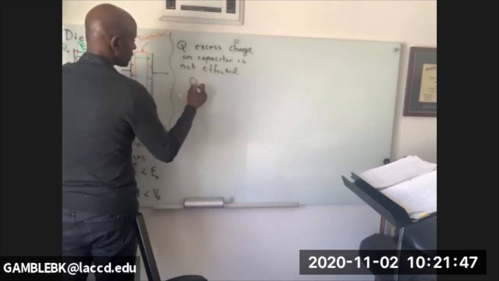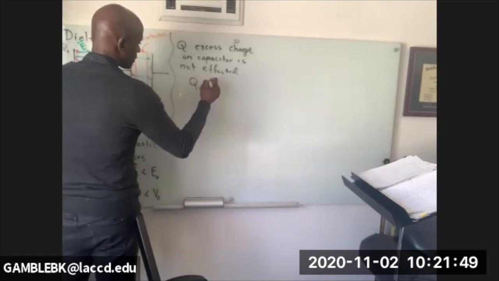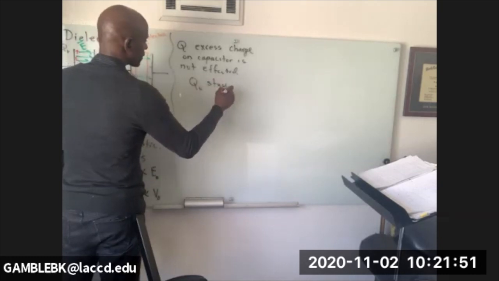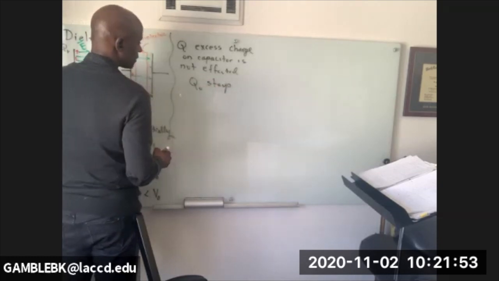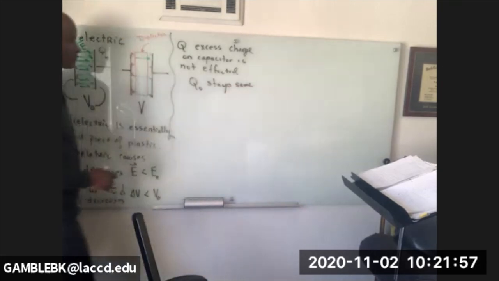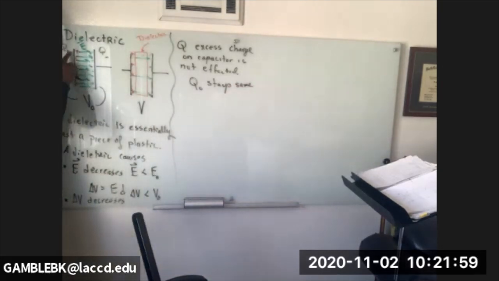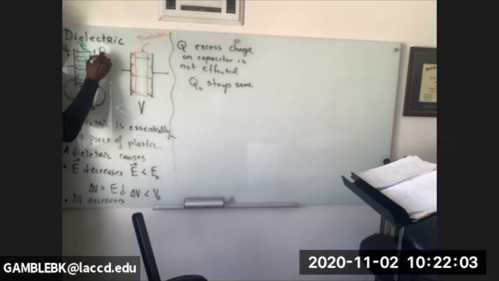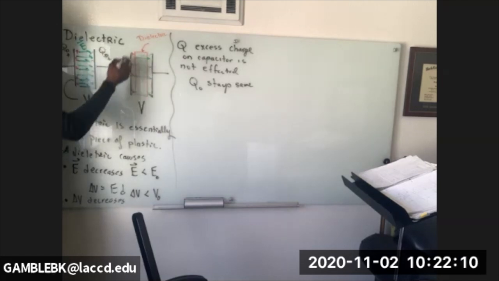So we just say Q naught stays the same. I'm not even going to write another Q. Let's make this Q naught plus, Q naught negative. It'll be the same over here.